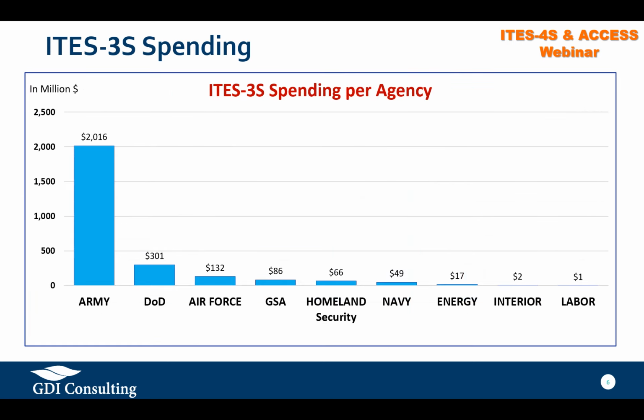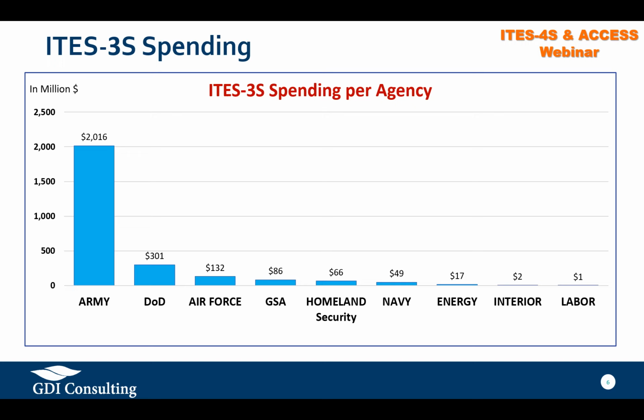Moving forward, let's look at the agencies that are using ITES-3S. Obviously, the Army is the largest spender and largest user of this contract vehicle, but other agencies are also using it, both inside DoD and outside.